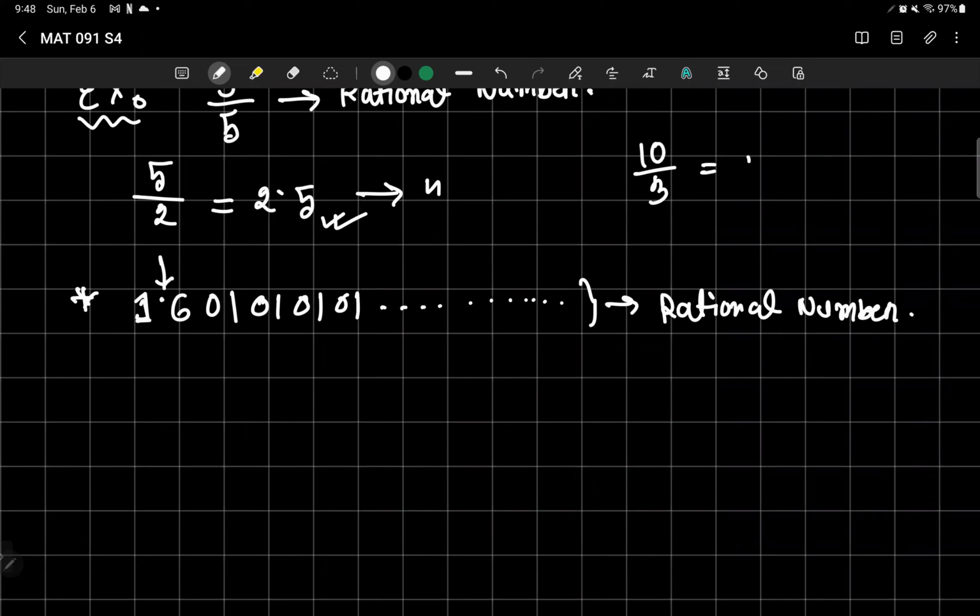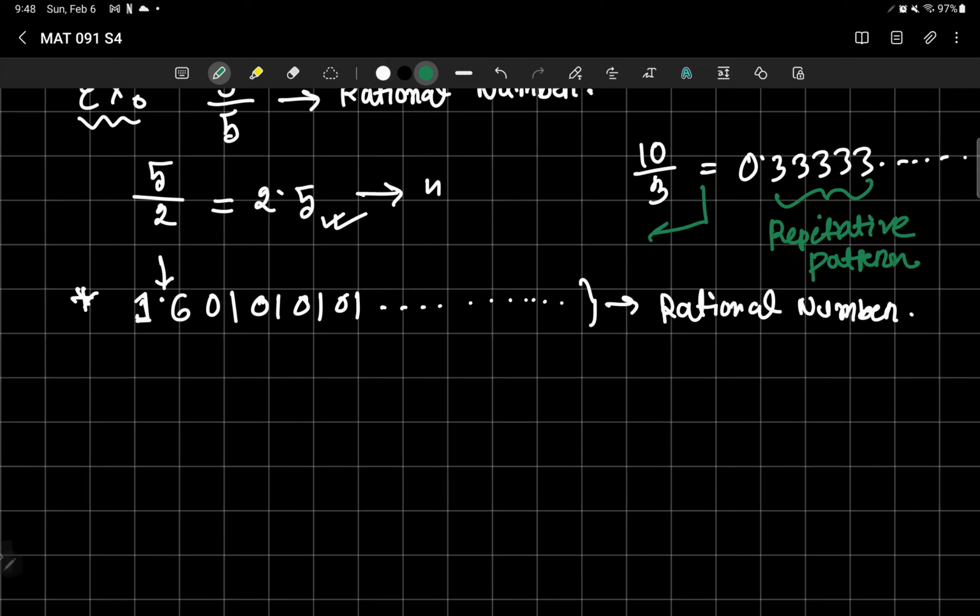If you divide it, it goes on and on after the decimal point. But what you can notice is that there is a repetitive pattern. Some people write it as 0.3 with a bar, which means it goes on and on. Similarly, in this example, the 01 repeats itself, so you can write it as 1.601 with a bar. So this is also a rational number.